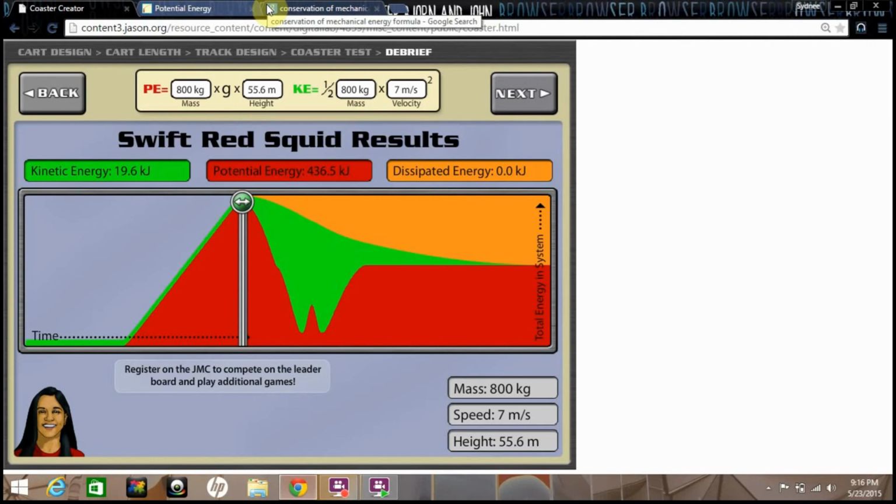To make sure, I'm going to use my handy dandy calculator on my phone to get the right number for you folks. Okay, so 436.5 plus 19.6 will equal 456.1 kJ for mechanical energy.